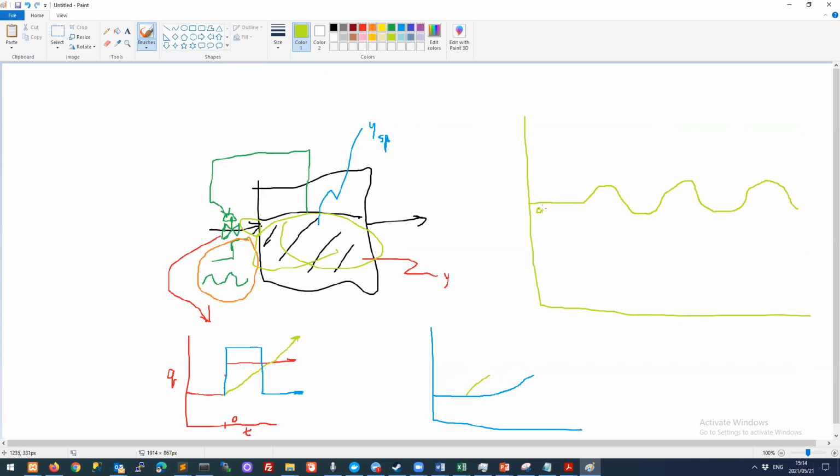Then our process, which was initially also steady, then started to receive the sine function. So the inlet here started to show a sine wave. Then it will take the system a little while to start responding to that sine wave. So it will go through some transient, and then it will slowly settle down to a sine wave.